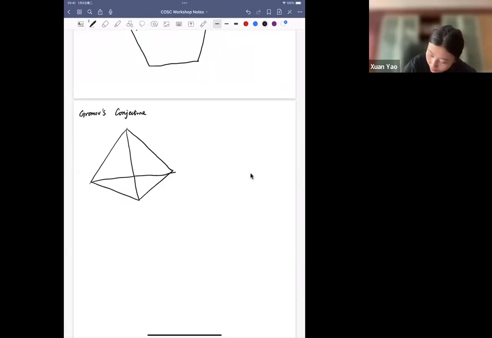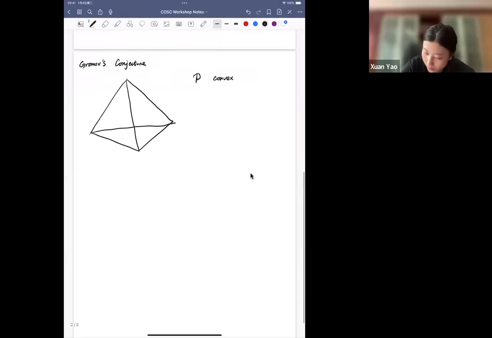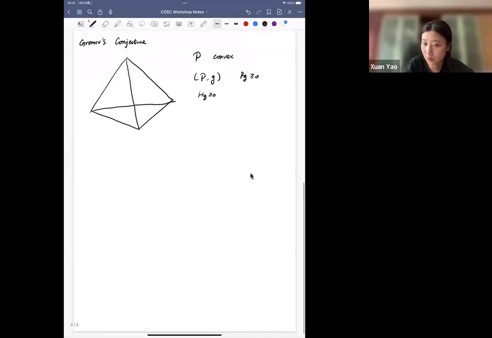If you equip P with a Riemannian metric g such that the scalar curvature is non-negative, the mean curvature on the faces is non-negative, and on the edges the dihedral angles of the g metric are always less than or equal to the angles with respect to the Euclidean metric, then he conjectures that g must be Euclidean.